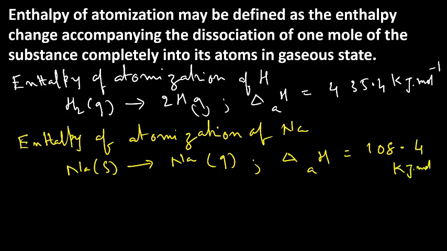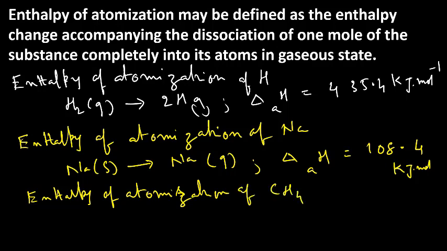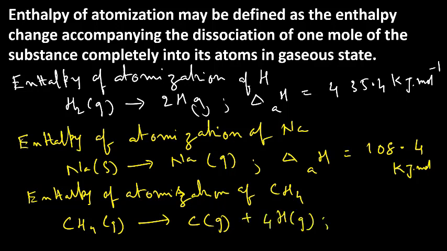In case of methane, enthalpy of atomization: CH4 in gaseous state becomes C in gas and 4 hydrogens in gas. So the enthalpy of atomization of methane is 1664 kilojoule per mole.